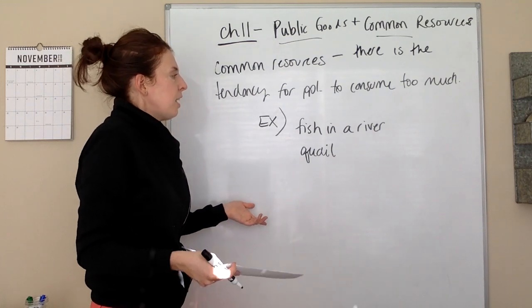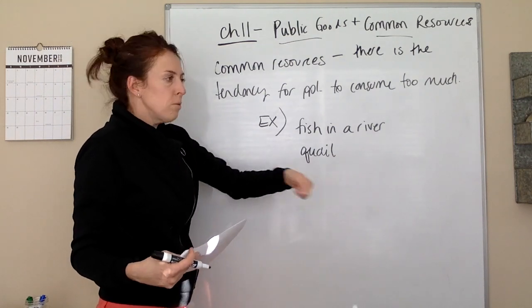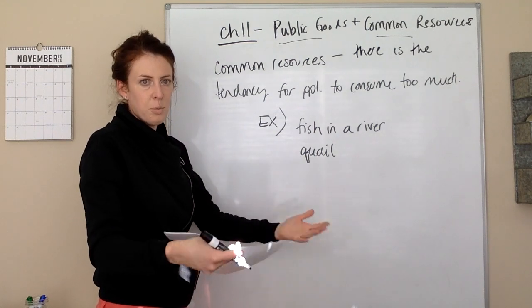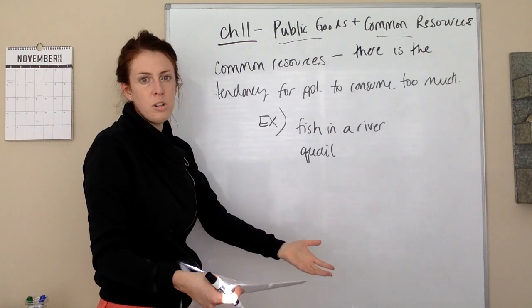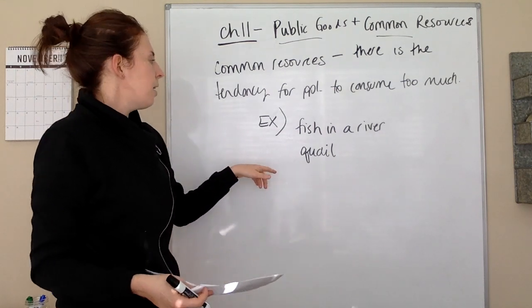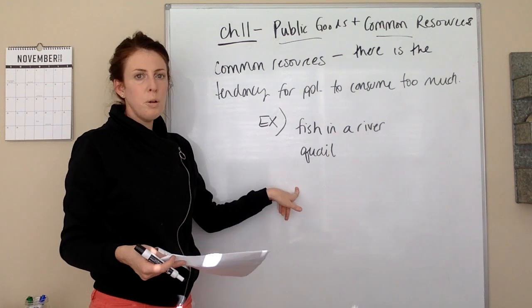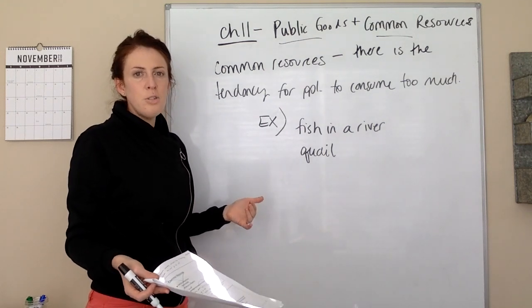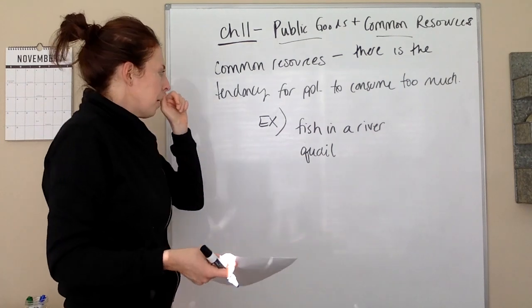So if everyone goes out to the river and pulls in all the fish, well, suddenly there's no fish left in the river. There's no fish to kind of breed and create more fish, and so we have overutilized that natural resource. Similarly for quail, if people go out and hunt all the birds, there's not going to be birds to have more birds, and so they're over-consuming this.